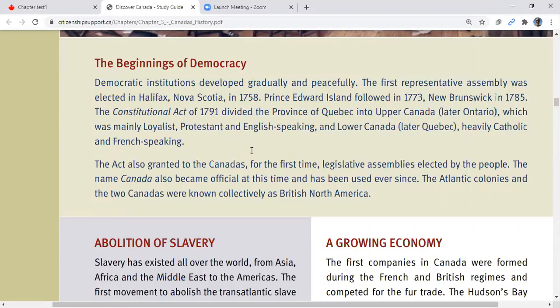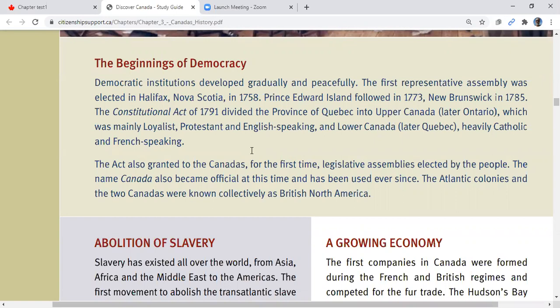The Atlantic colonies and the two Canadas were now known collectively as British North America.